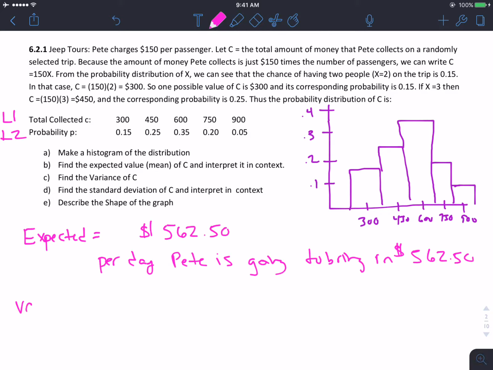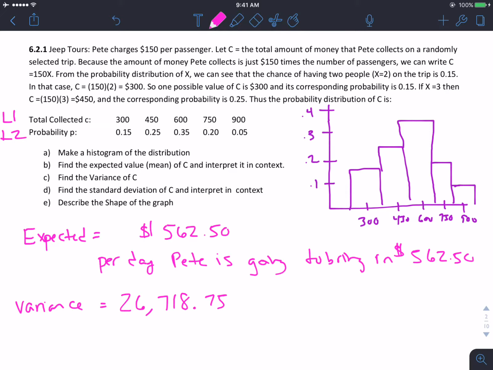Find the variance. Well, your calculator actually gives you a variance, and they give you a variance of 26,718.75 cents. So it's saying that our data could be pretty spread out here.